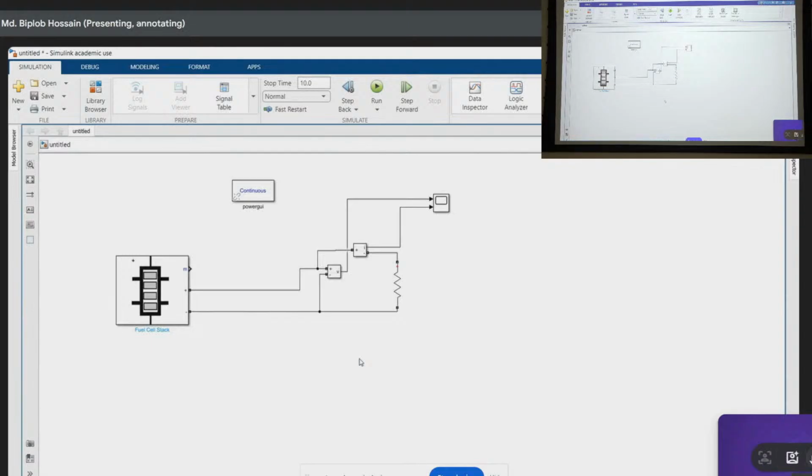Is that everything, or do you want to add anything, Biplab? Sir, for continuous and discrete, if you want to incorporate any power electronics in your design, that means is there any non-linear switching element? Yes. So when you have a nonlinear switch, power electronics, then you have to go for the discrete model, right? Yeah, discrete.